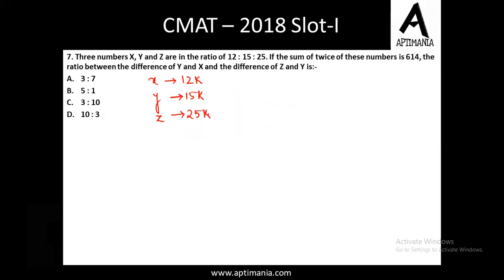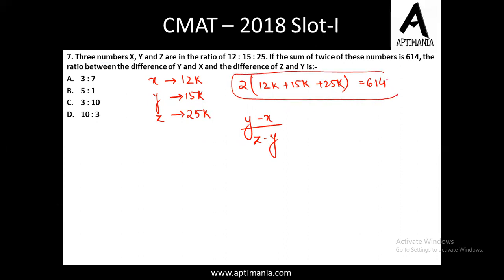If the sum of twice of these numbers, that is 2 times (12k plus 15k plus 25k), is equal to 614, the ratio between the difference y minus x upon z minus y. Now we need to find this ratio, and to find this value, this equation is of no use to us.